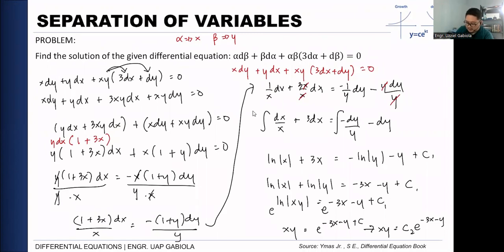So, ito na ba yung final answer natin? Before we conclude, kailangan ibalik mo muna siya sa alpha and beta form. Kung babalik natin siya sa alpha beta form, this will be alpha beta is equals to C2 e to the negative 3 alpha minus beta. And this will be our final answer for this problem.